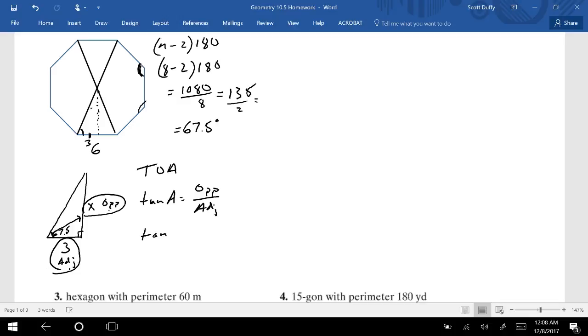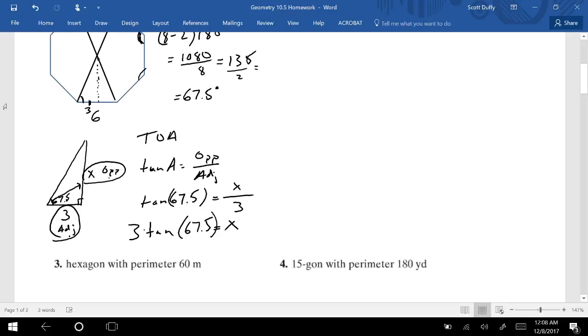The angle is 67.5, so tangent of 67.5 equals opposite x over adjacent 3. To get x by itself, you multiply 3 by both sides. The 3 just moves over to the other side. So it's 3 times the tangent of 67.5.